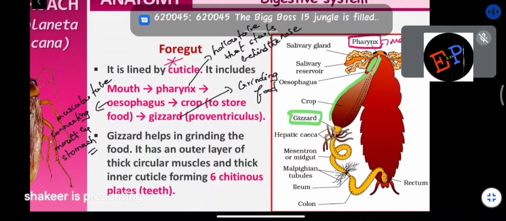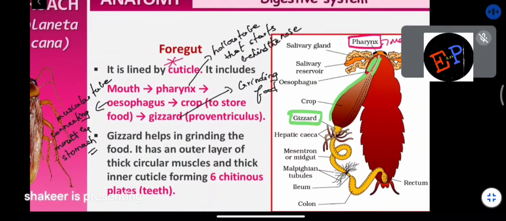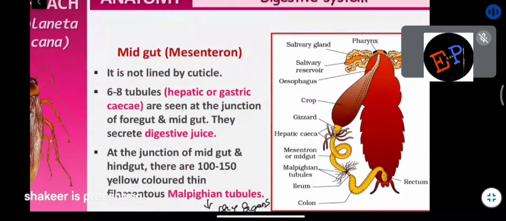There is an outer layer of thick circular muscles on the outside of this gizzard, and on the inside you will find a very thick cuticle, and it has some teeth also, in the form of 6 chitinous plates. And these plates are responsible for cutting and grinding the food. Understood? So up to here, that is the foregut.